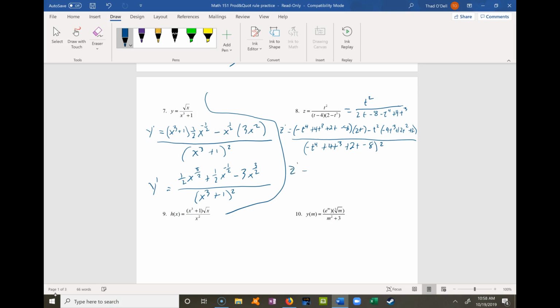Now I got to simplify that top. Bit of a mess up there. So let's see. I got 2t times negative t to the fourth. That would be negative 2t to the fifth. Oh, but I also have a negative t squared times negative 4t to the third, which would be a positive 4t to the fifth.